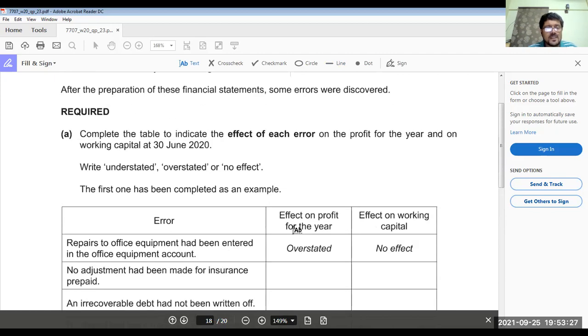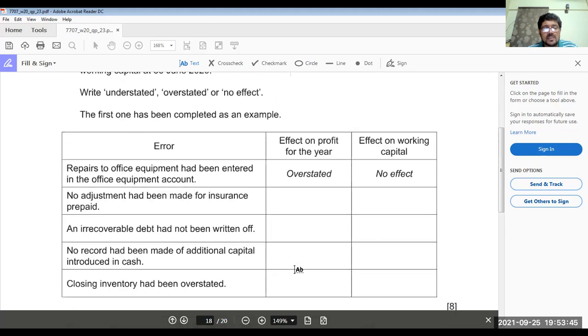Repairs to office equipment had been entered in office equipment. Profit would be understated, because expense is reduced and asset is increased. There is no effect on working capital because this error is not going to affect current assets or current liabilities. No adjustment had been made for insurance prepaid.